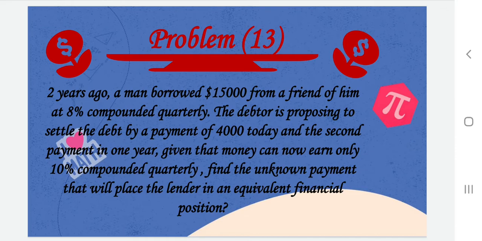Given that money can earn only 10% compounded quarterly, find the unknown payment that will place the lender in an equivalent financial position. Note that for the old obligations we use a rate of 8% compounded quarterly, and for new obligations we use a rate of 10% compounded quarterly.